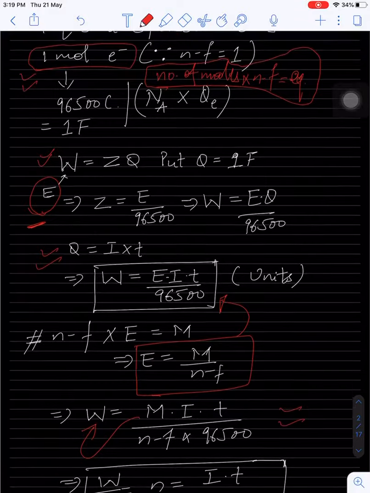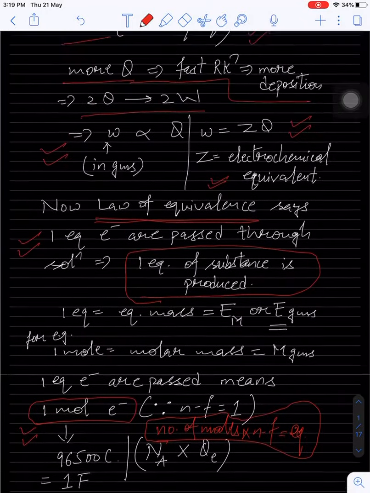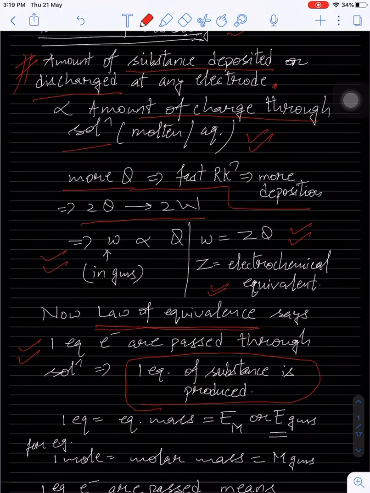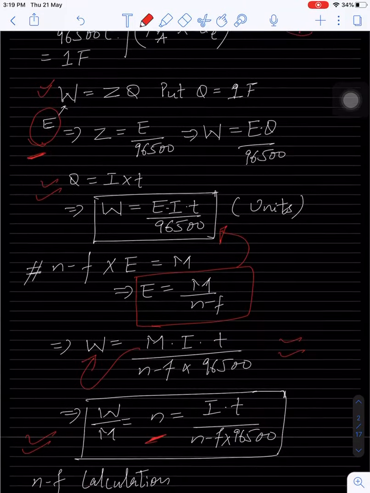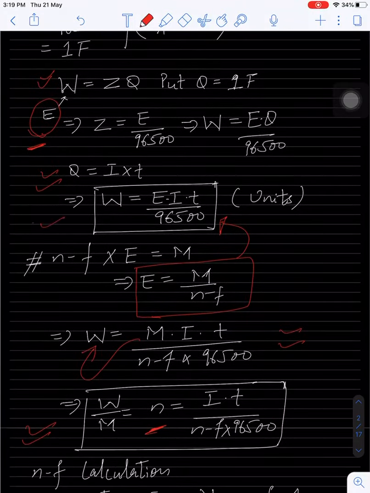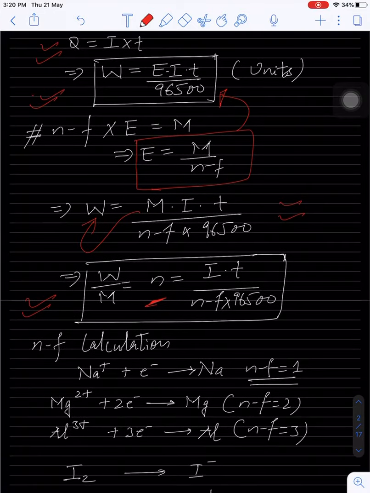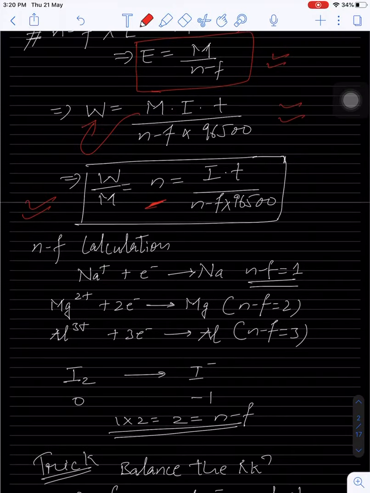Now let us revise the formula. The first formula was W equal to ZQ, it is over here. And the second formula is W equal to EIT, and then W equal to molar weight upon N factor, we know it already, and then we are just rearranging the formula like this only.